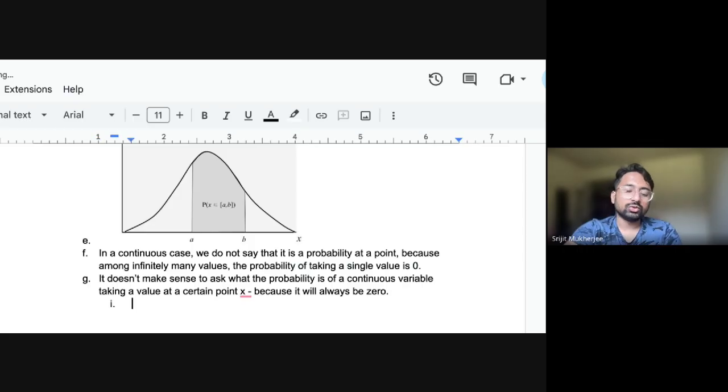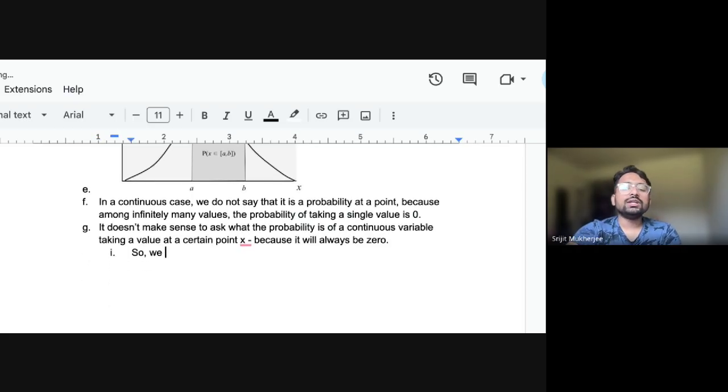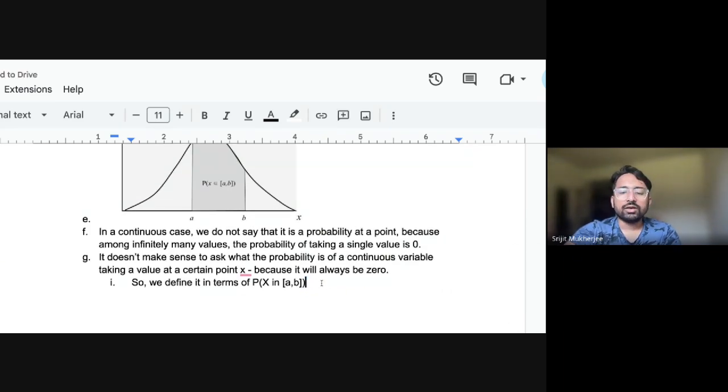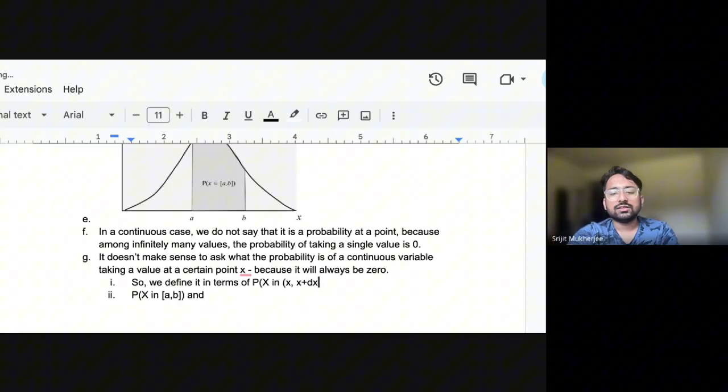So what does make sense? We define it in terms of the probability that it will take a value in a certain interval a comma b. First we define it in terms of the probability that it will take a value in a small interval x comma x plus dx, that is, around x.